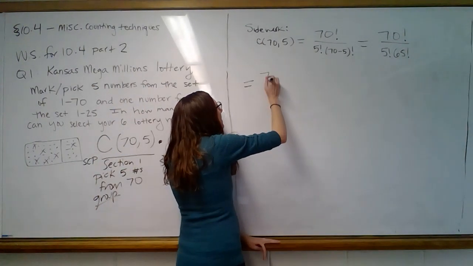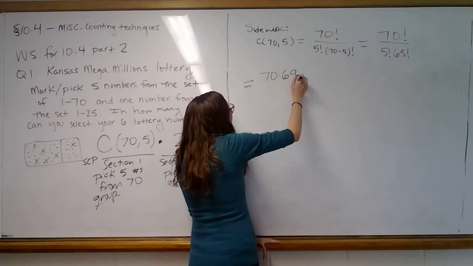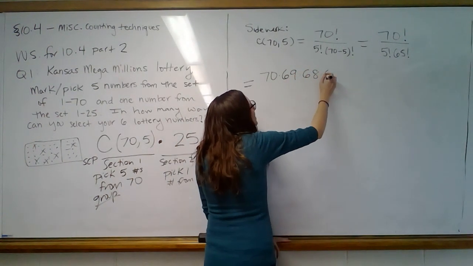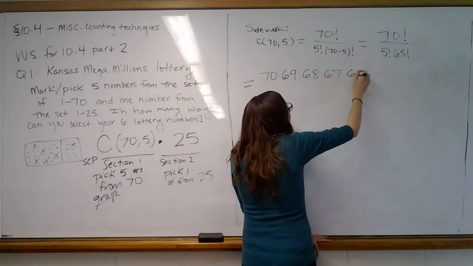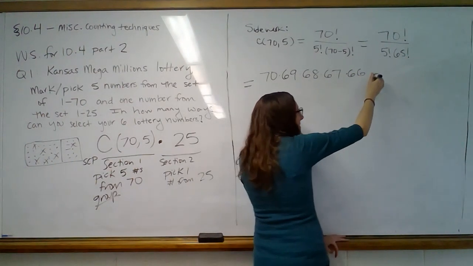So remember, start to write out 70 factorial. Luckily, we don't have to write the whole thing, because that would be really long. So just go 70 times 69 times 68 times 67 times 66, and we think about, well, when am I going to stop?